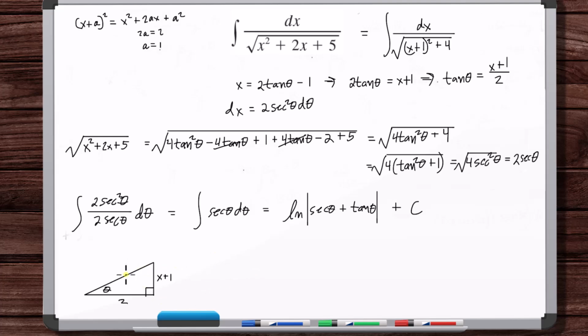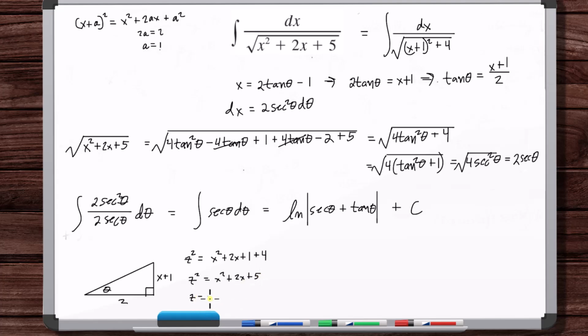If the hypotenuse is z, then 2 squared plus x plus 1 squared is equal to z squared. x plus 1 squared is x squared plus 2x plus 1, and then 2 squared is 4, so z squared is x squared plus 2x plus 5.